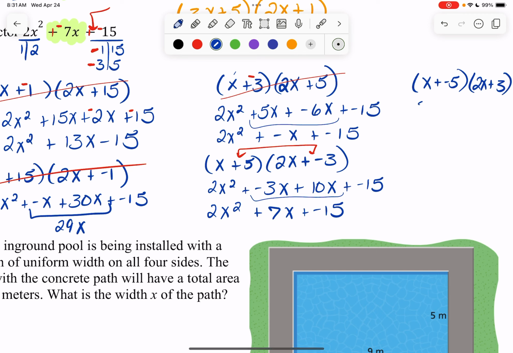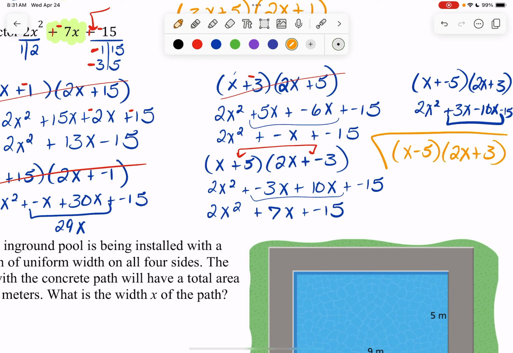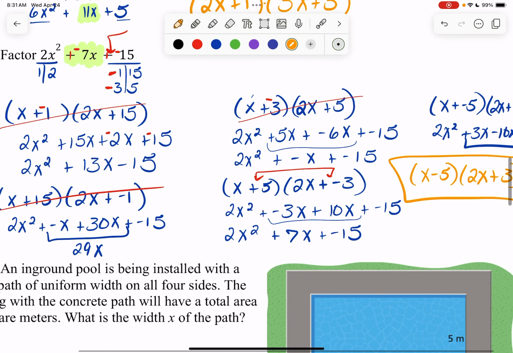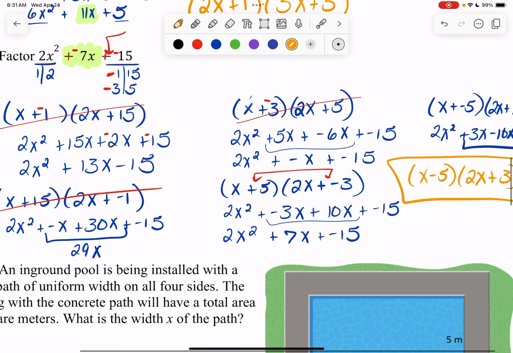So now we multiply it out: 2x to the second plus 3x minus 10x, and then there's our negative 15. There we go, that's negative 7. So this is going to factor into x minus 5, 2x plus 3. So there's what we multiply to get to 2x squared, negative 7x, negative 15.